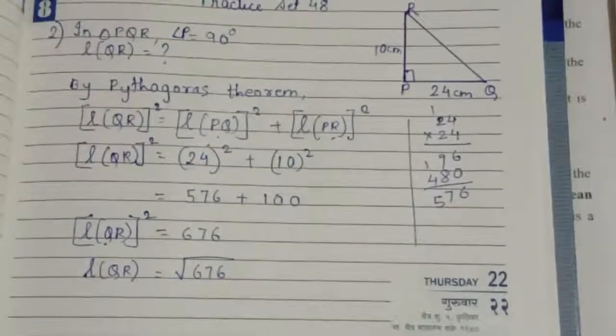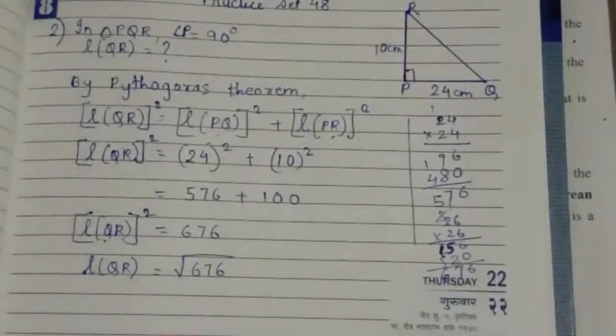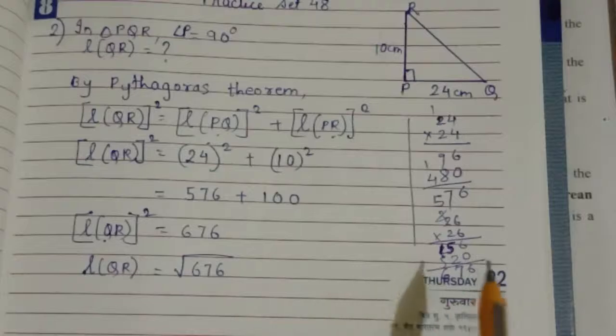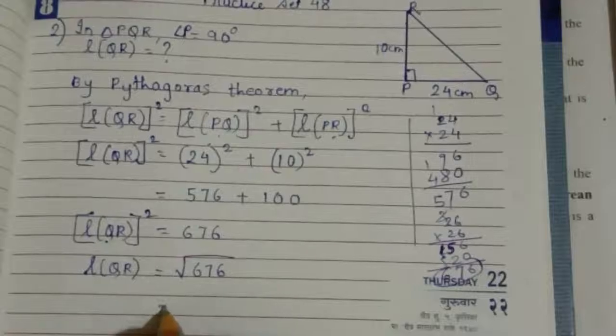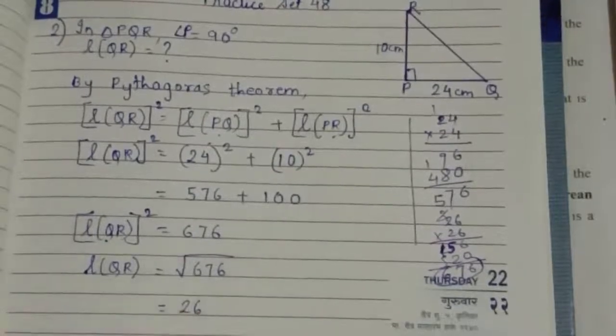676. Now we all know 25 square is 625. Now we'll take the number close to 25, that is 26, and if we multiply and see, our answer is coming 676. Means 676 is the square of 26, or root of 676 is 26.